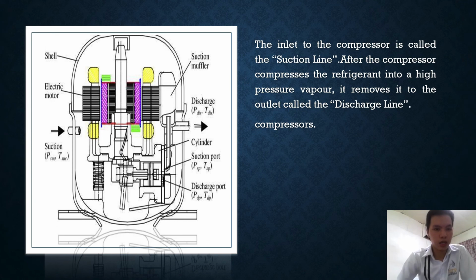There is a shell, electric motor, suction muffler, the cylinder, and the discharge port. So the inlet where the refrigerant goes through is called the suction line. After it is compressed, it goes out through the outlet, which is called the discharge line.